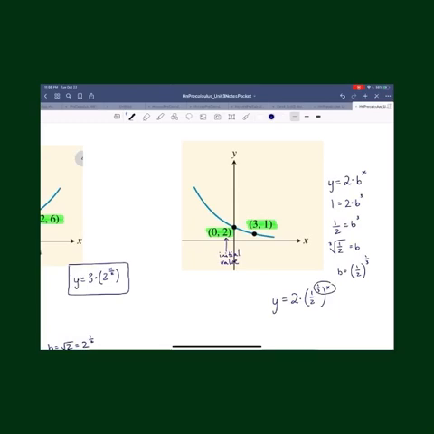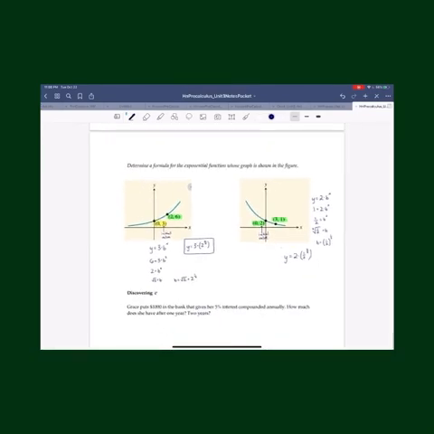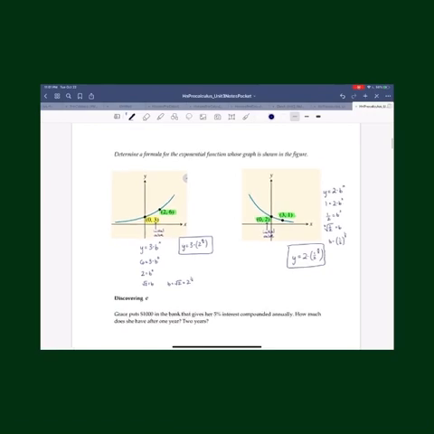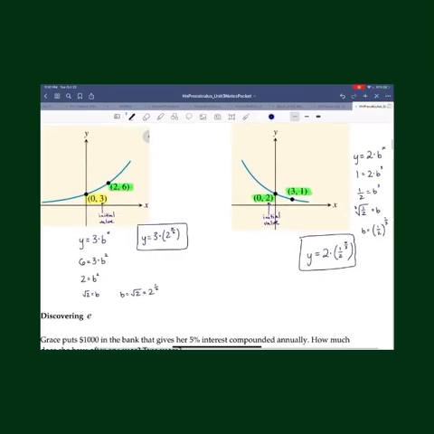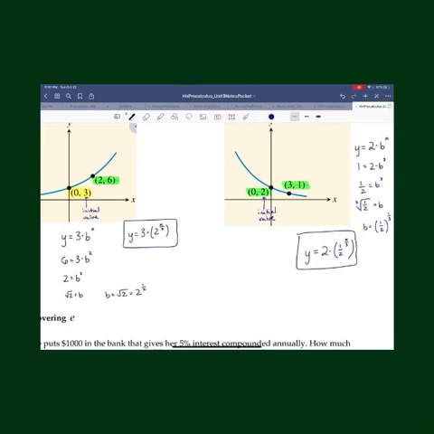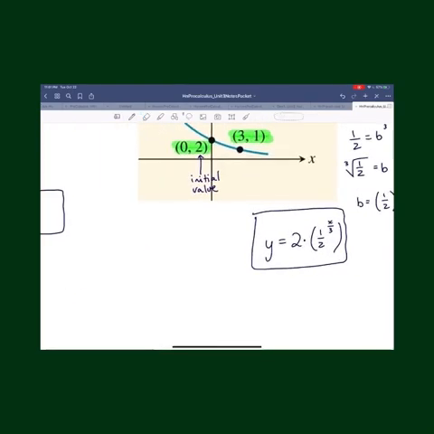I then multiply 1/3 by x, which gives me 2 multiplied by 1/2 to the x over 3. And what I'll do here, I'm going to take these parentheses off. Here, I'm going to write it like this.